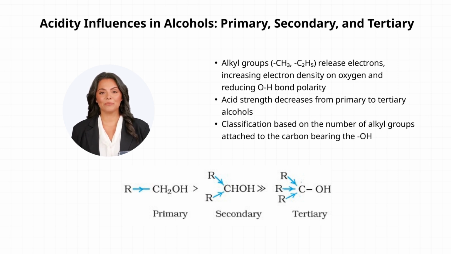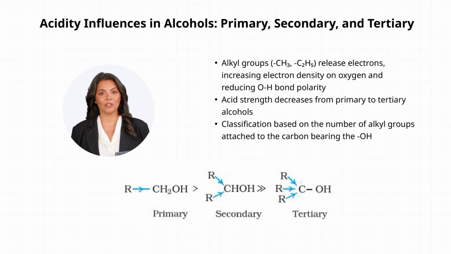Electron-releasing alkyl groups increase electron density around the oxygen atom, reducing the polarity of the O-H bond. This makes it harder for the proton to dissociate, thereby decreasing acidity. Hence, acidity decreases in the order: primary alcohols are more acidic than secondary, which are more acidic than tertiary.